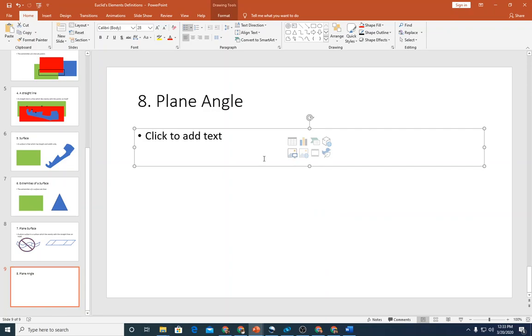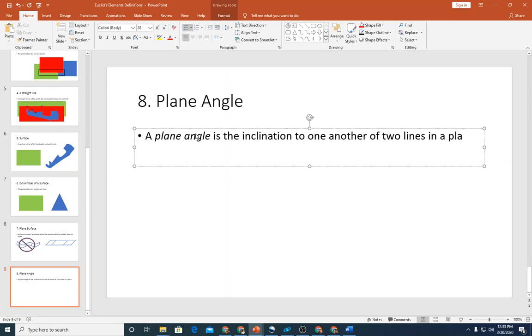So according to Euclid, a plane angle is the inclination to one another of two lines in a plane, which meet one another and do not lie in a straight line.